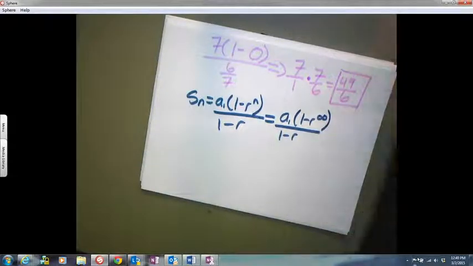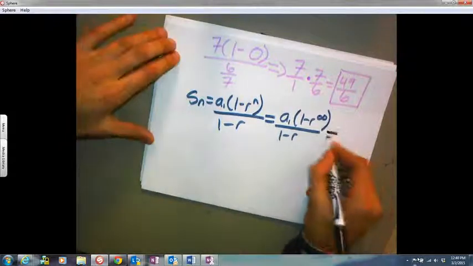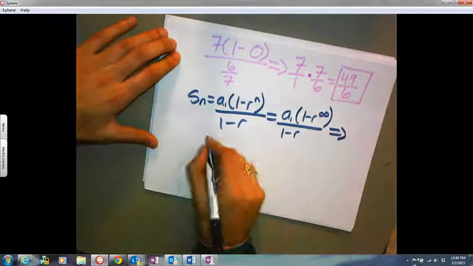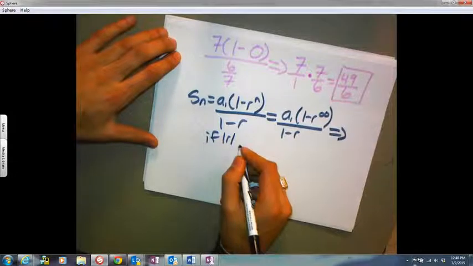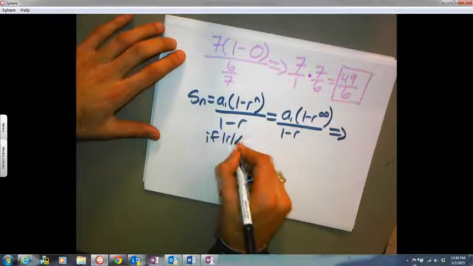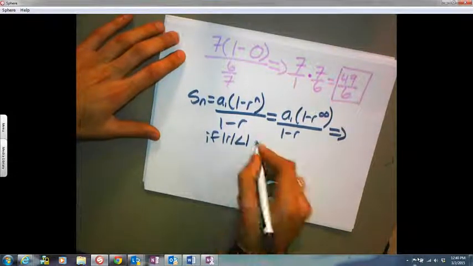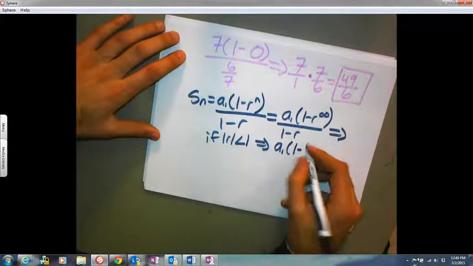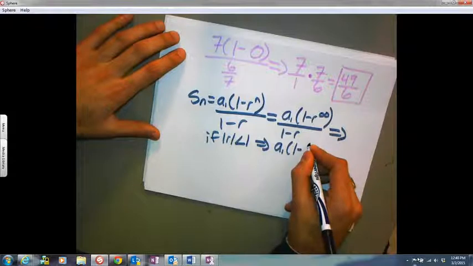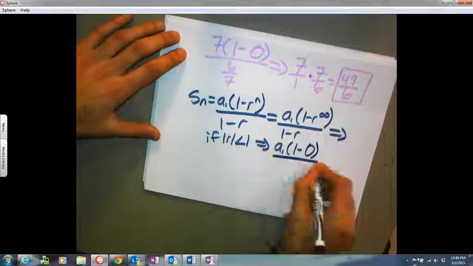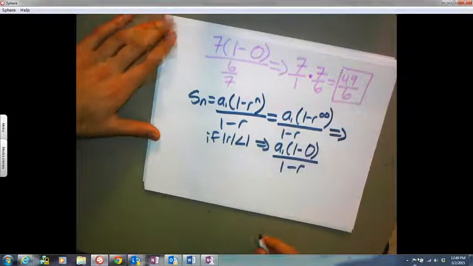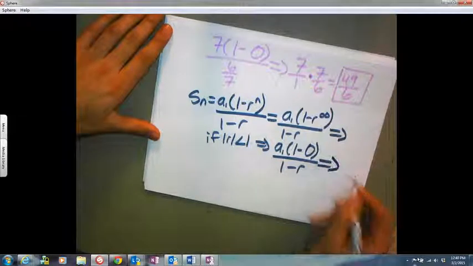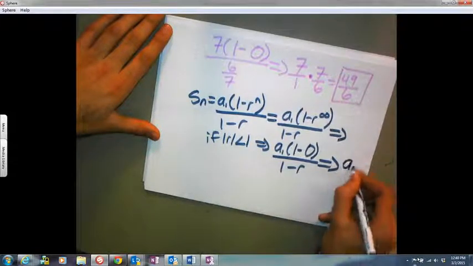Which means this formula, if the absolute value of r is less than 1, then we have a1 times (1 minus 0) over 1 minus r. Meaning the formula can simplify to a1 over 1 minus r.